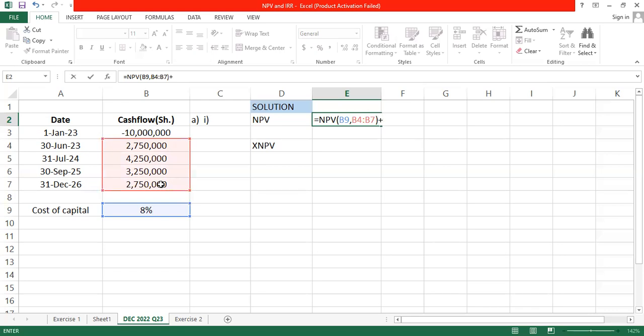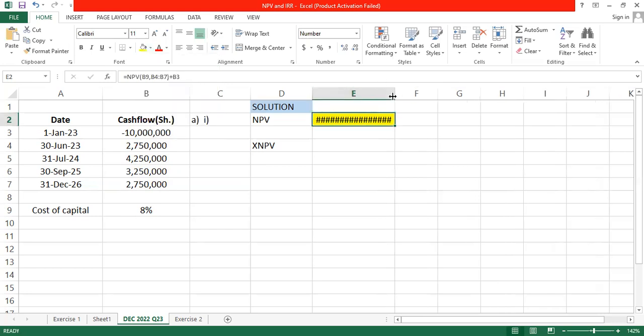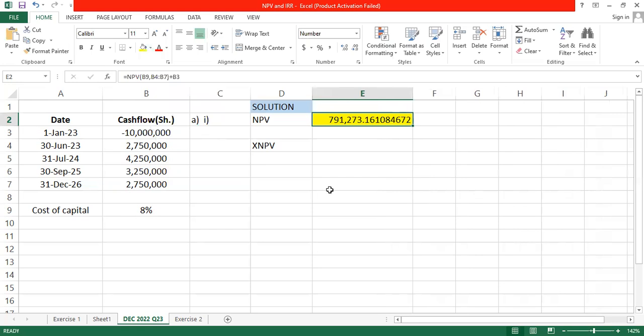And then say plus the initial outlay, that negative 10 million. What we get as NPV is therefore 791,273.16. That is the answer, yeah?